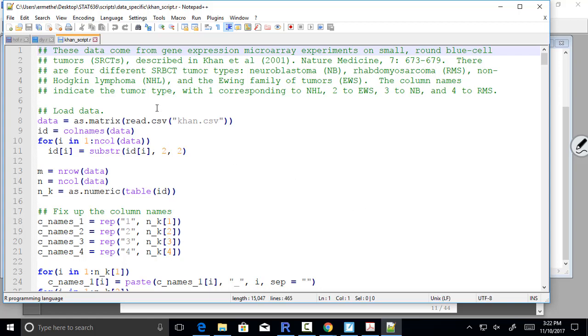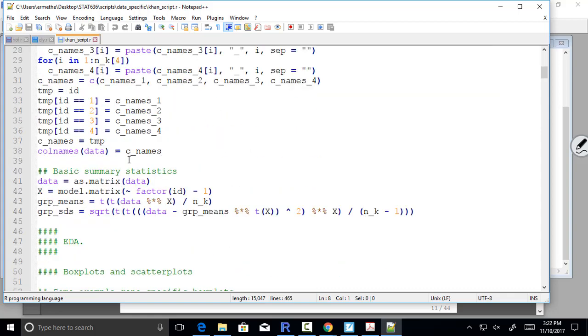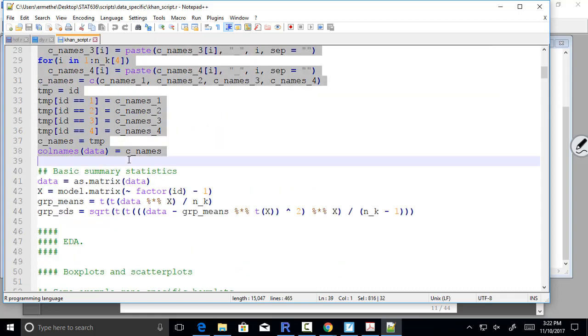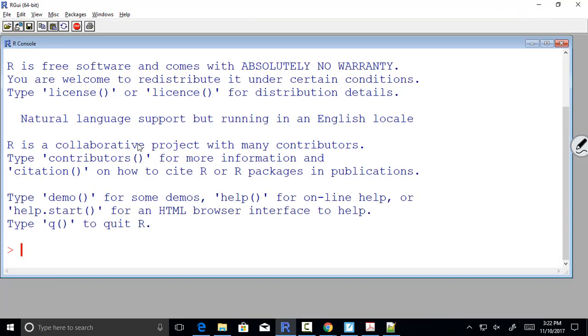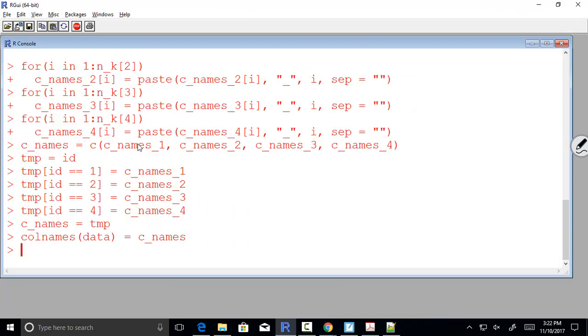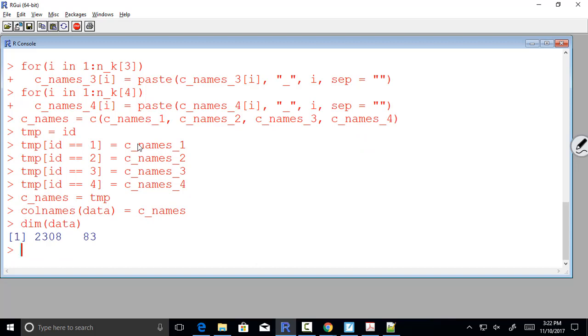Let me load them in first and then comment on them. I'm going to run through line 40. This reads in the data and does some prettying up. Our X matrix, N by P, is 2308 by 83.